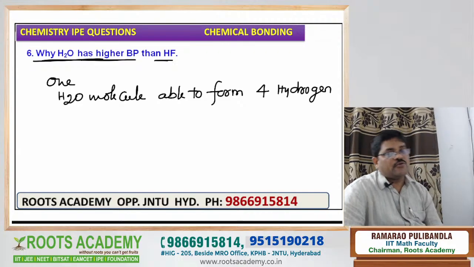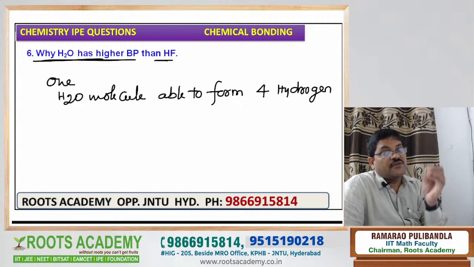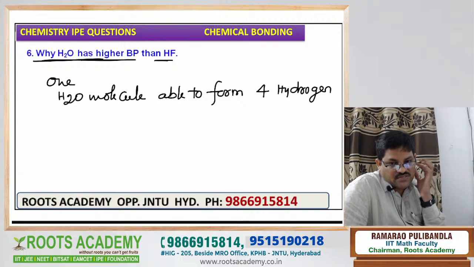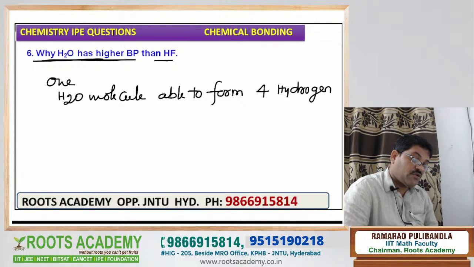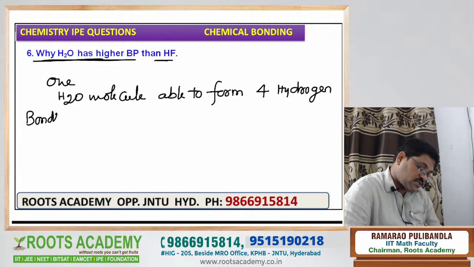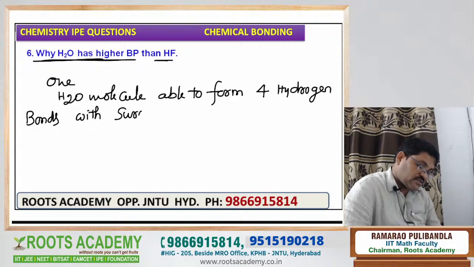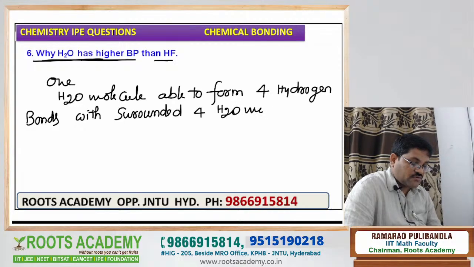This is one of the beautiful questions, given in the previous papers nearly 5 or 6 times. One H2O molecule is able to form 4 hydrogen bonds with the 4 surrounding water molecules.